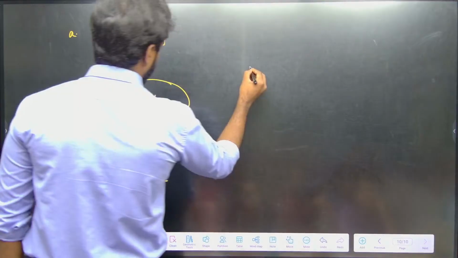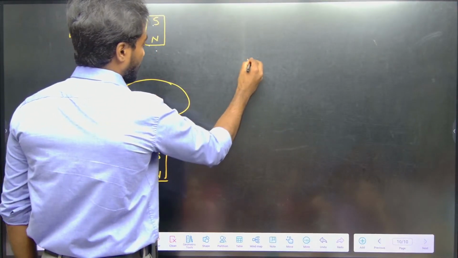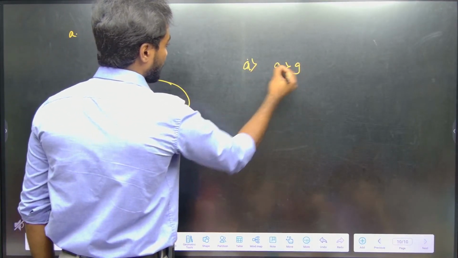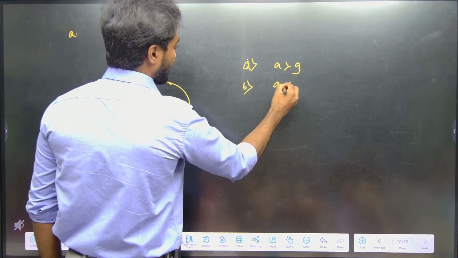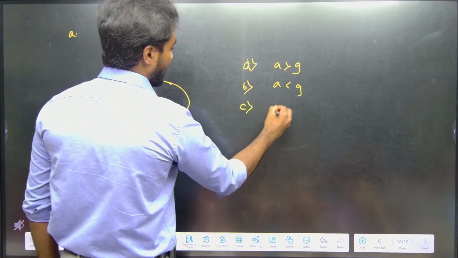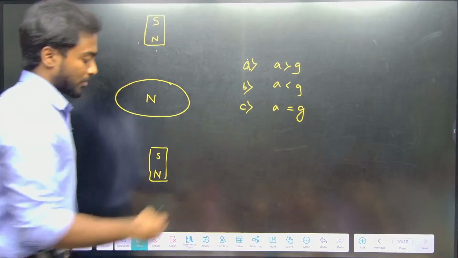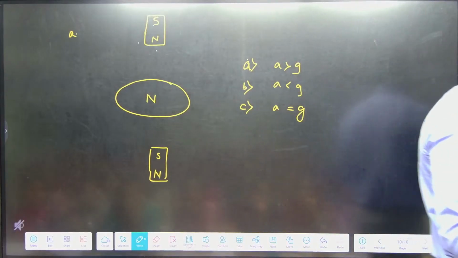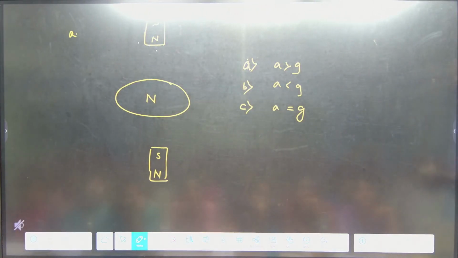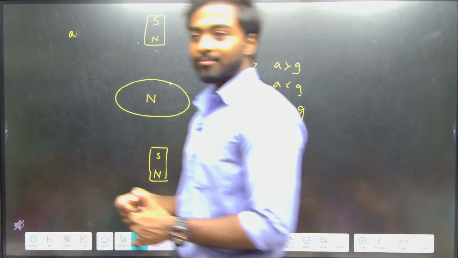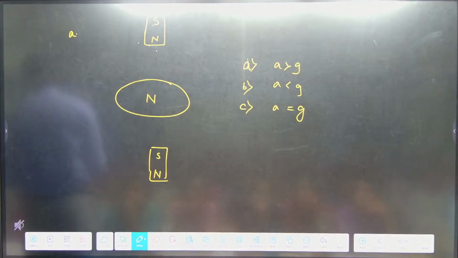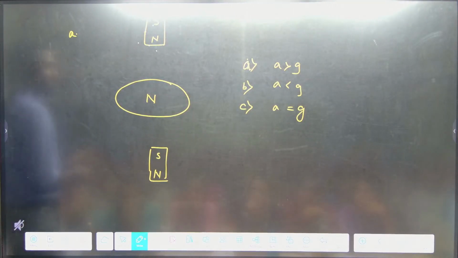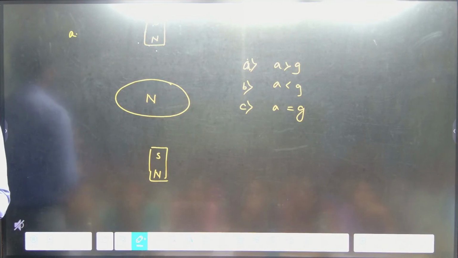Now the options are: option A, a is greater than g; option B, a is less than g; or option C, a is equal to g. Analyze it. Why? Free body. A is less than g, a is greater than g, or a is equal to g. I need a proper explanation for this.